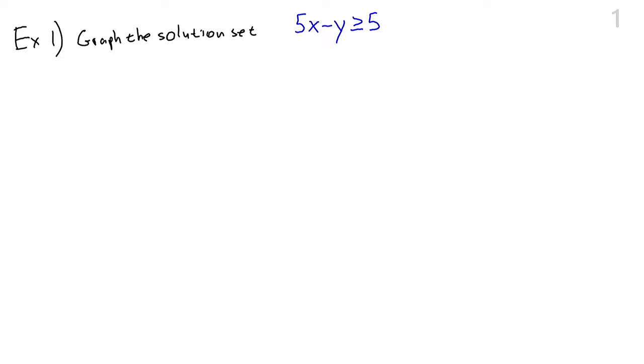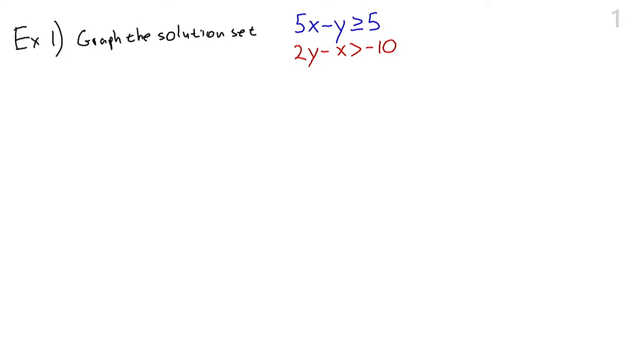Okay, so let's look at our first example of a system of linear inequalities. We're asked to graph the solution set of the following system: 5x minus y greater or equal to 5, and the second one in the system is 2y minus x greater than negative 10.